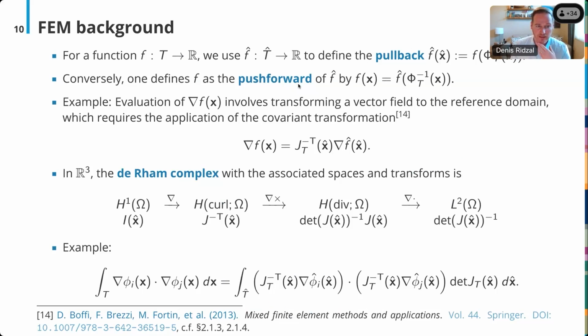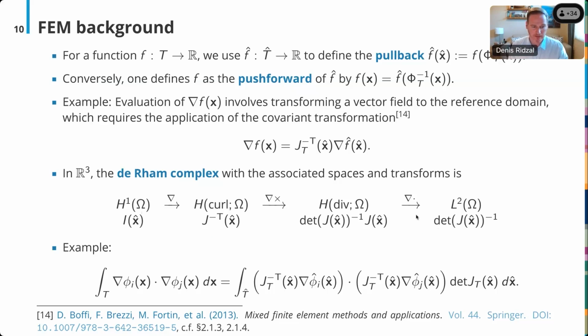And so, for example, the evaluation of a gradient of some function will involve transforming a vector field to reference domain, which requires the application of the covariant transformation. And so that is given here. And that can be done for the entire de Rham complex. So we can do it for H grad, H curl, H div. These operations are a little bit different for each, and they're given here.